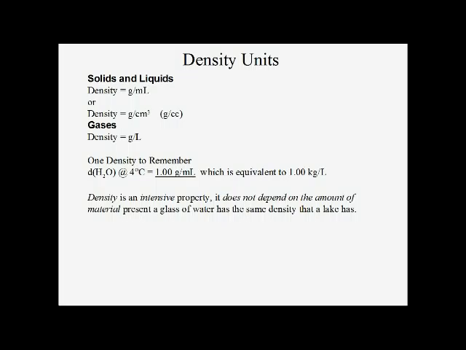They depend upon how much material is present. But once we do mass divided by volume to give us density, we have created an intensive property which does not depend upon how much material is present. So density is an intensive property. It's the same whether we're measuring a couple drops of water or a swimming pool of water.